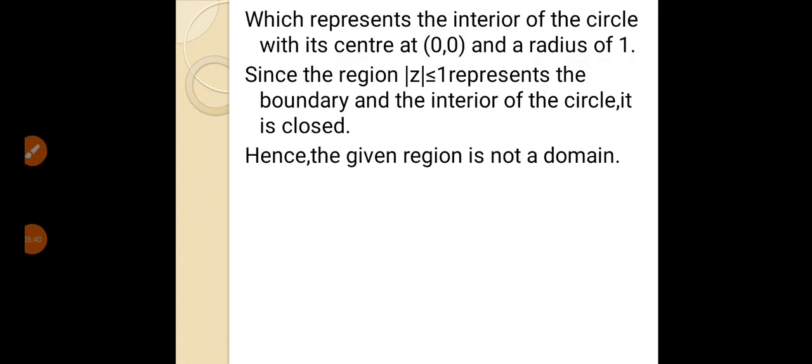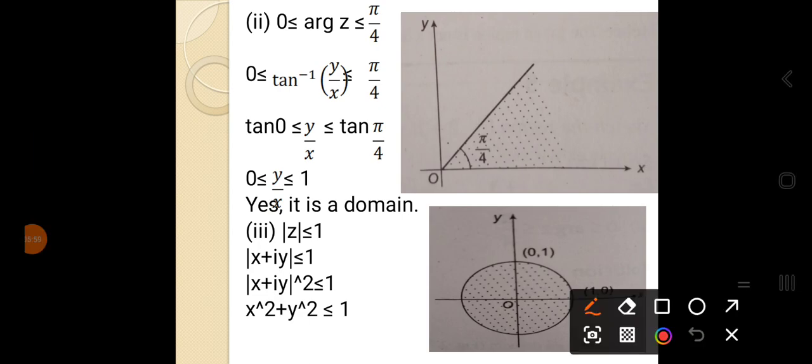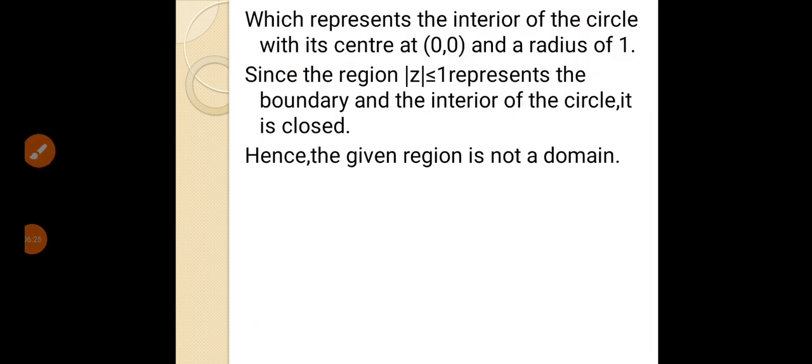For this we sketch the graph. From the graph we can clearly see that the sketch for the given equation is the interior part of a circle. In the last lecture we already discussed the definition of the interior part of a circle: x square plus y square less than or equal to 1 represents the interior of the circle with center (0, 0) and radius 1.